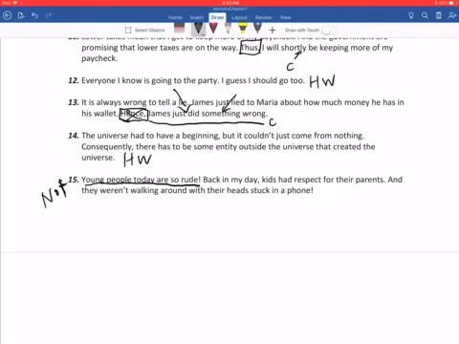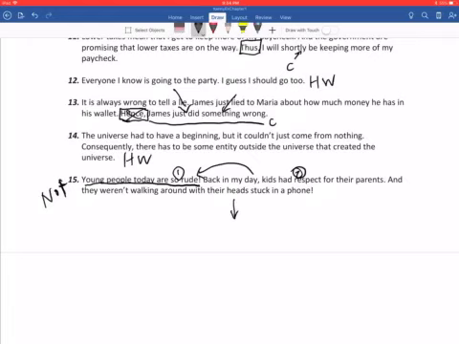Let's see, young people today are so rude. Does the fact that kids had respect for their parents back in my day, see, this doesn't really give support to that. It doesn't give you reason to believe it. Again, it's just like 2 separate claims. But I guess you could maybe formulate an argument from this, right?